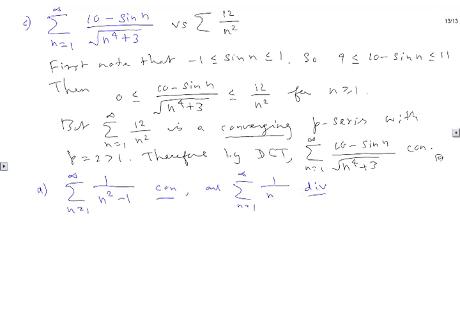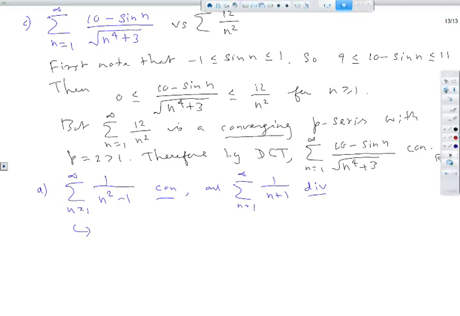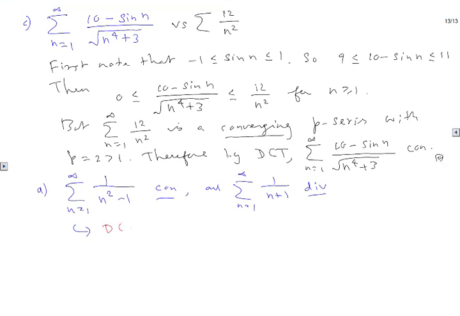So if you see n plus 1, we know that this series diverges, this one converges, but in these two cases, the direct comparison test does not work here. You cannot use it in this kind of way, because the inequality is in the wrong direction.